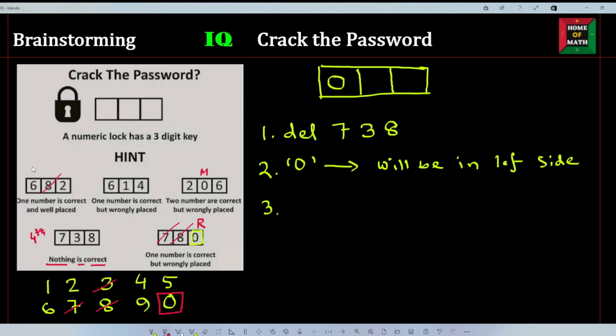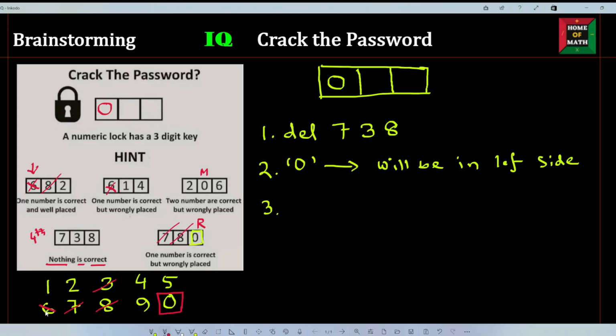Look, this 6 is not correct because we already get 0 in the right place, and here 1 number is correct but in the wrong place in the second box. First box 6 is a right place but second box 6 is a wrong place. It's not possible. Okay, so this 6 we can omit.